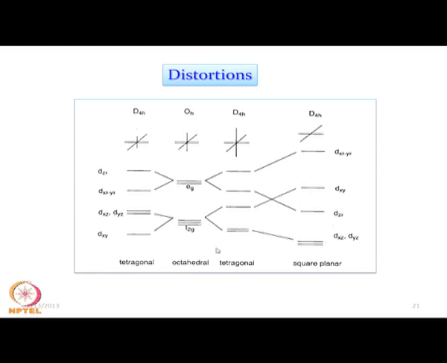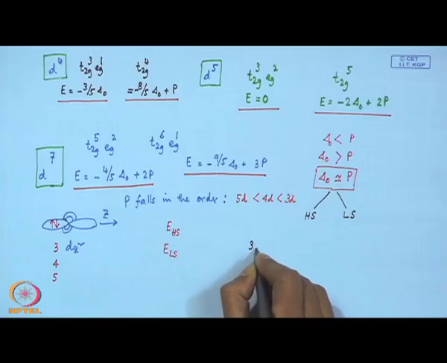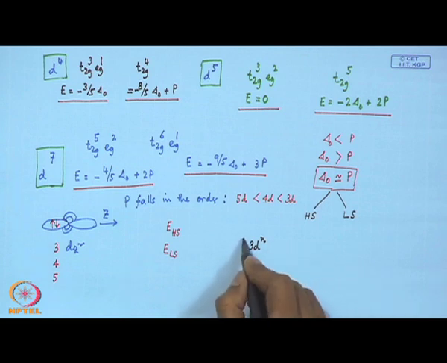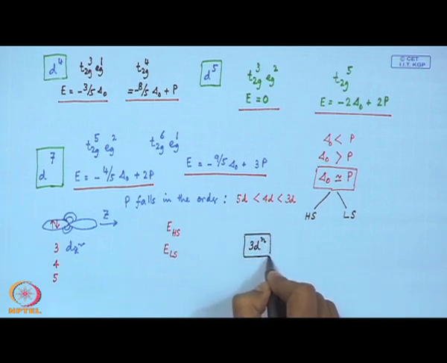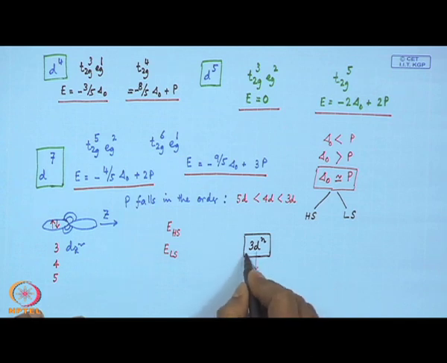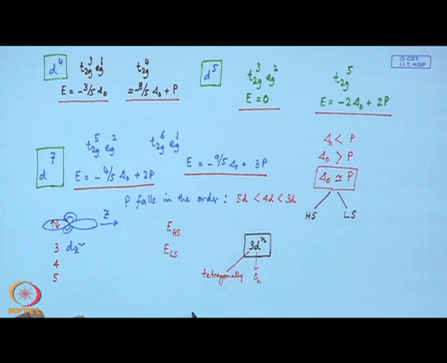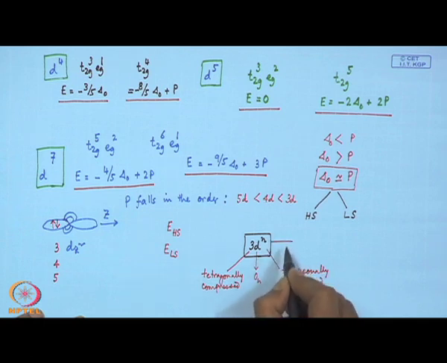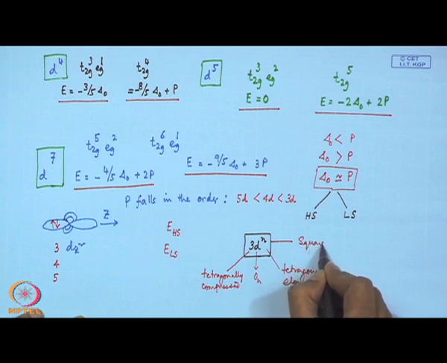So, if we have a typical electronic configuration for say 3d n, we should be able to write the corresponding electronic configuration quickly if we have an octahedral geometry, or a tetragonally compressed, or tetragonally elongated, or square planar.